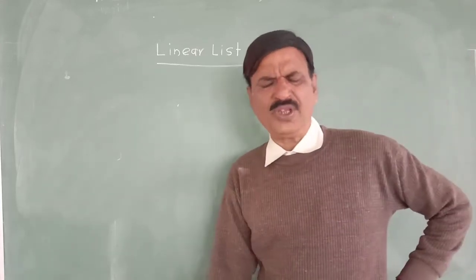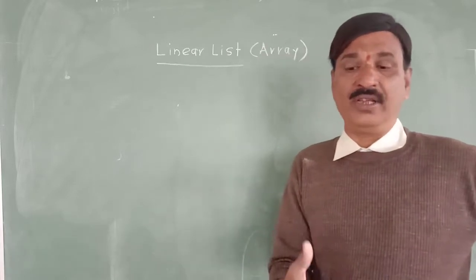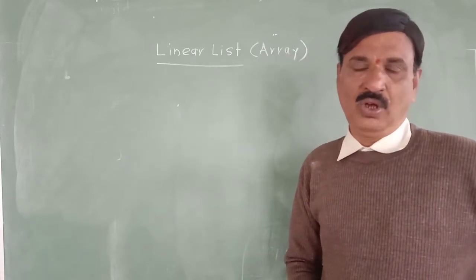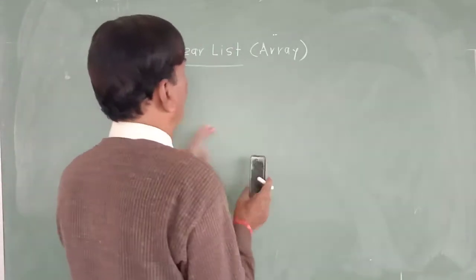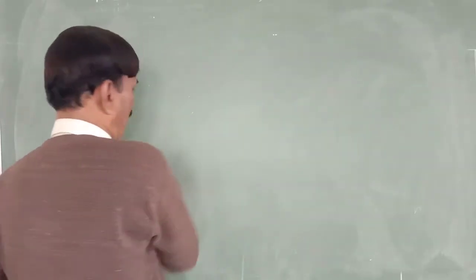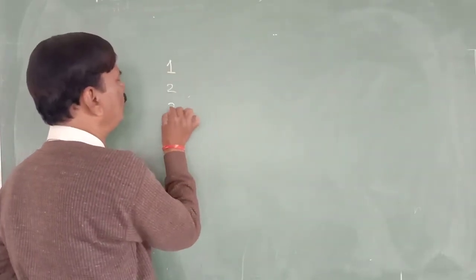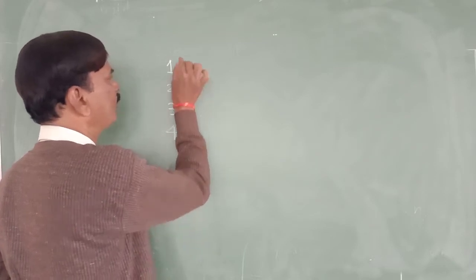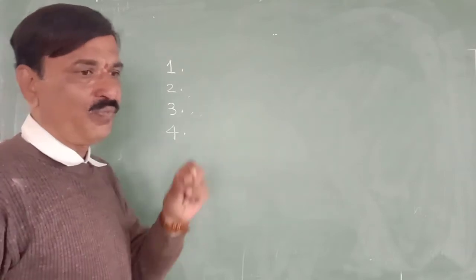In the last period we have seen various types of operations, that is traversing, searching, sorting, that can be performed. So how to perform the operation? Suppose a question is asked, there is a list. List, 1, 2, 3, 4. This is the index.